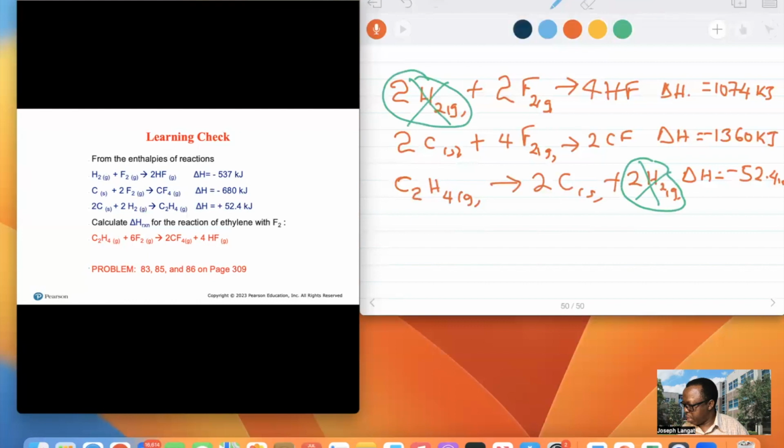If I look at the carbon as well, this will go away. So we are just going to cancel this, cancel this. What else do we need to cancel out? It seems like there is nothing else.